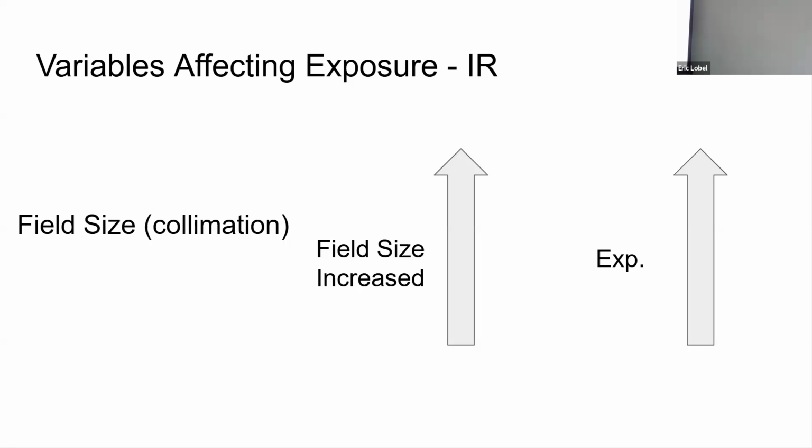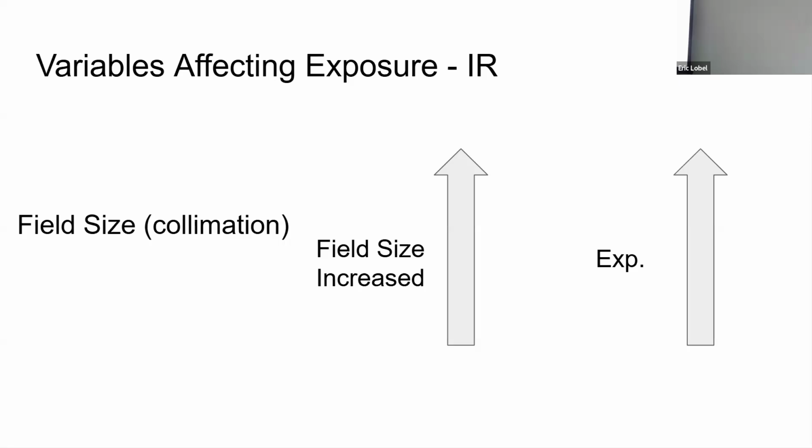Because remember, this is what people forget. People think higher kV, more penetration, more radiation makes it out of the patient, thus the patient gets less radiation. No, because think about what happens in the tube. When you have more kV, you're also creating more photons, right? Your intensity is going up.